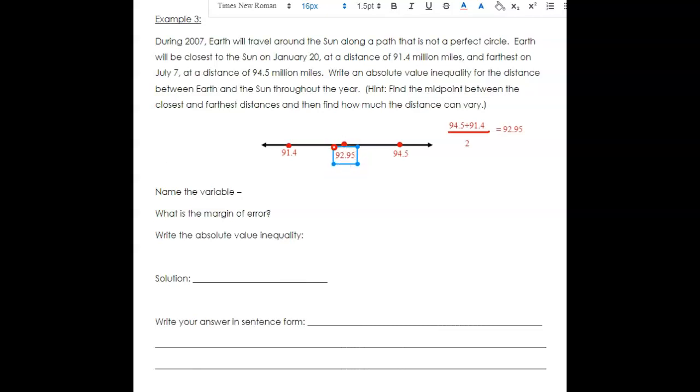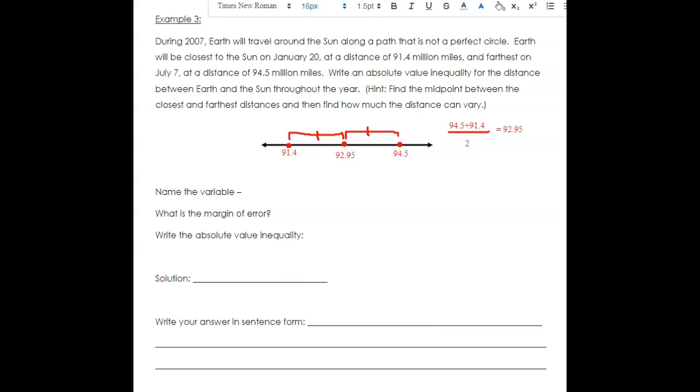So you need to take maybe a calculator or just a moment off to the side, and you need to determine what this distance is and what this distance is. And if 92.95 is the midpoint, the middle point, that means that these two distances should be the same. So take a moment to try to determine the distance between an endpoint and a midpoint.